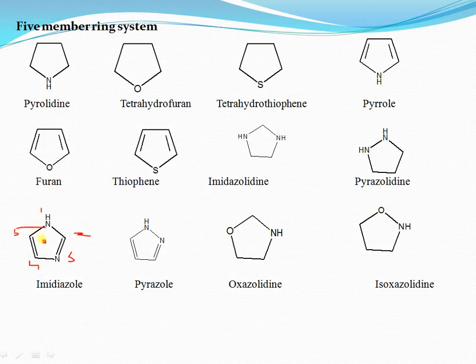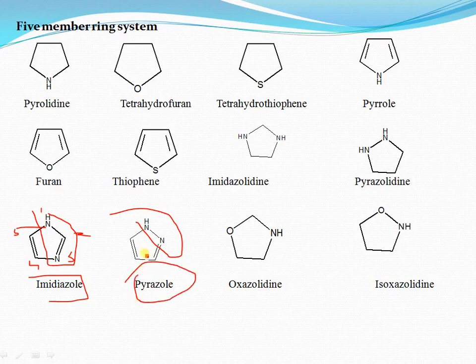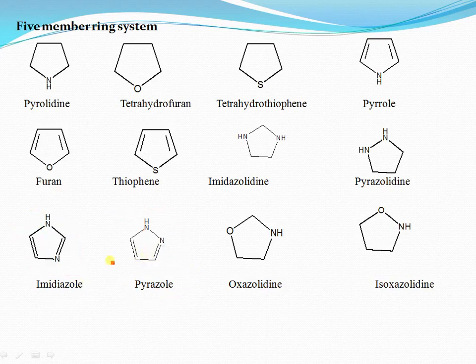So this is unsaturation: 5-member containing 2 nitrogen atoms at positions 1 and 3. This is called imidazole. Both are diazoles, but 1,3-diazole is called imidazole, and 1,2-diazole is called pyrazole. Like this, azoles are of 2 types, 1,2 and 1,3.